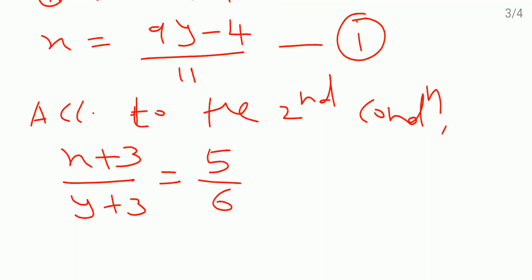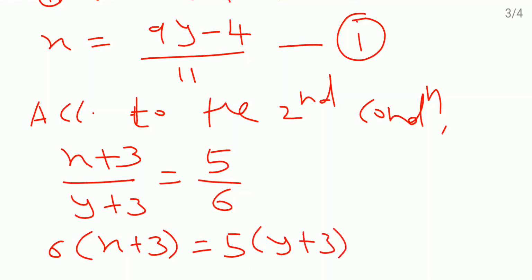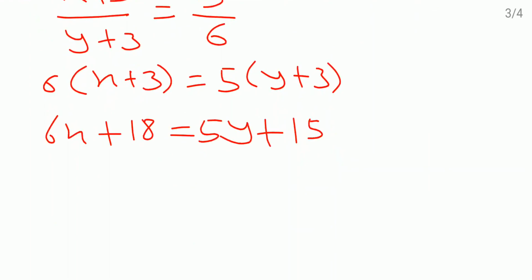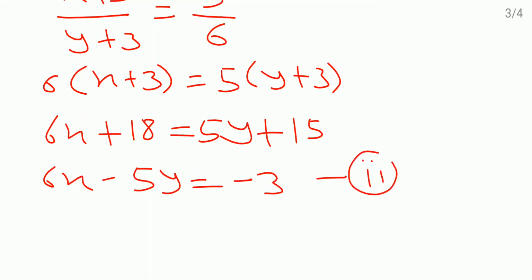Now once again I will do the cross multiplication. 6 into x plus 3 is equal to 5 into y plus 3, and then I will multiply it. 6x plus 18 is equal to 5y plus 15. So 6x, I will bring 5y this side and 18 that side. So 15 minus 18 is minus 3. This is our second equation.